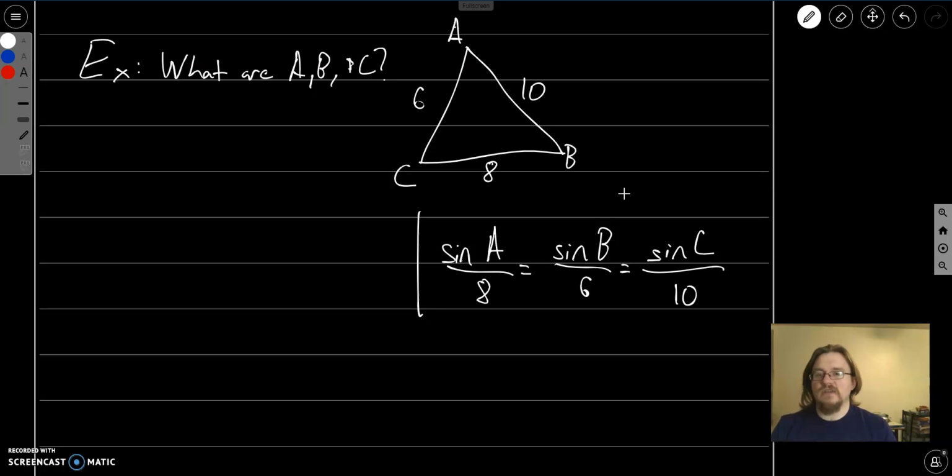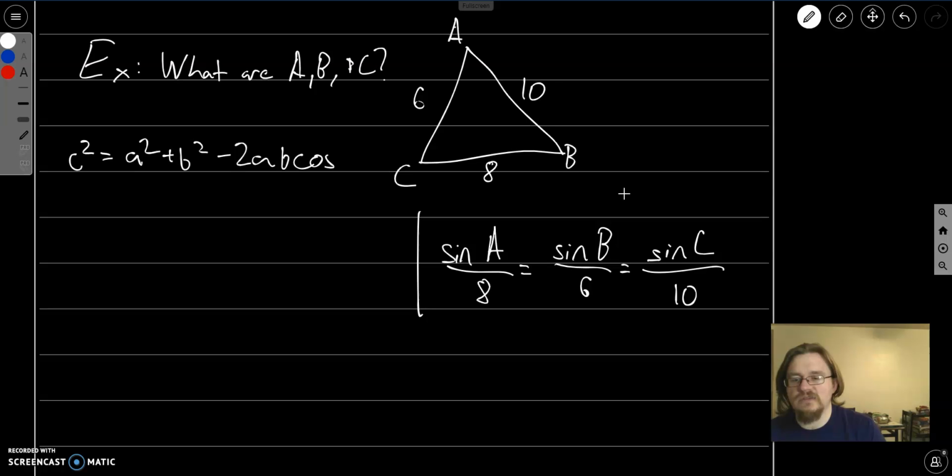But the law of cosines, on the other hand, so let's take c squared is equal to a squared plus b squared minus 2ab cosine c. Again, notice the side by itself on this side of the equation is the same as the angle we're looking at.